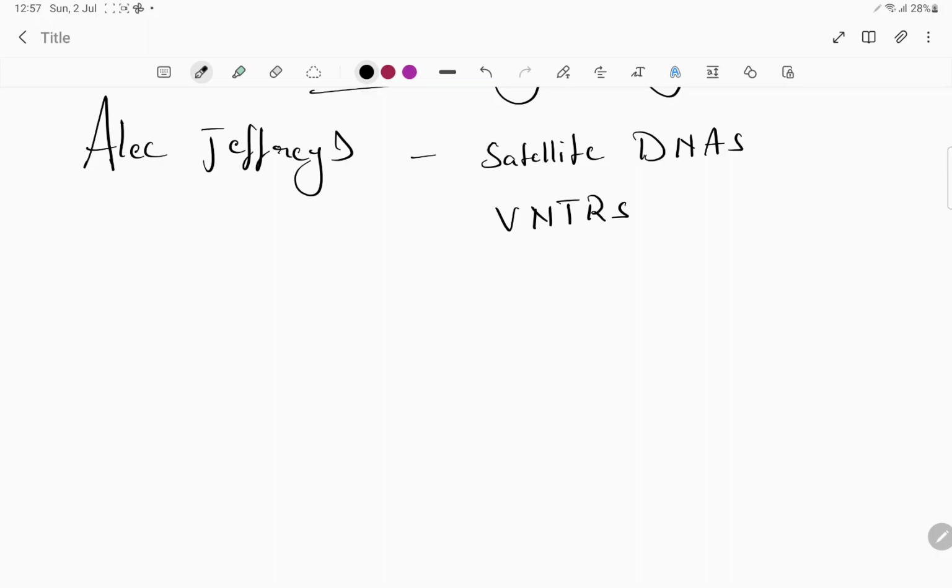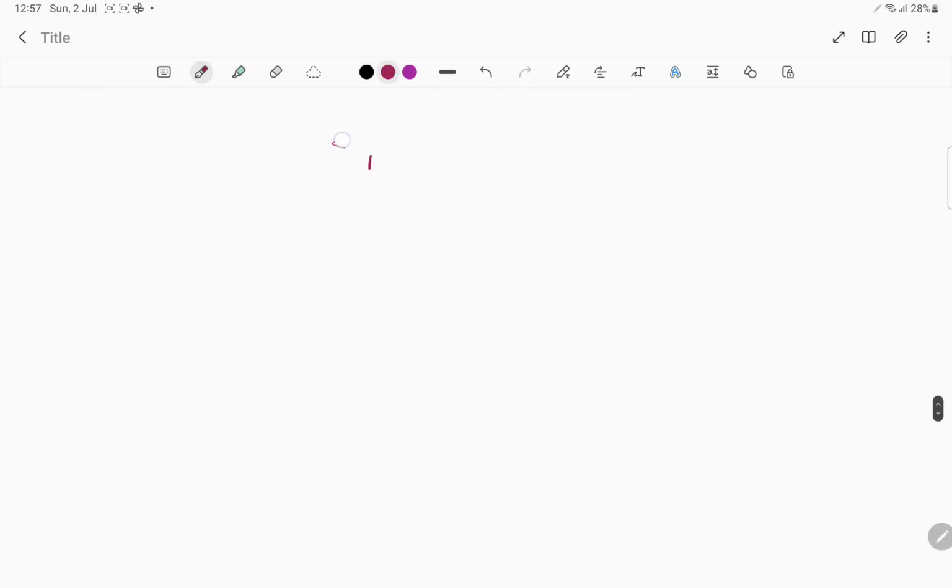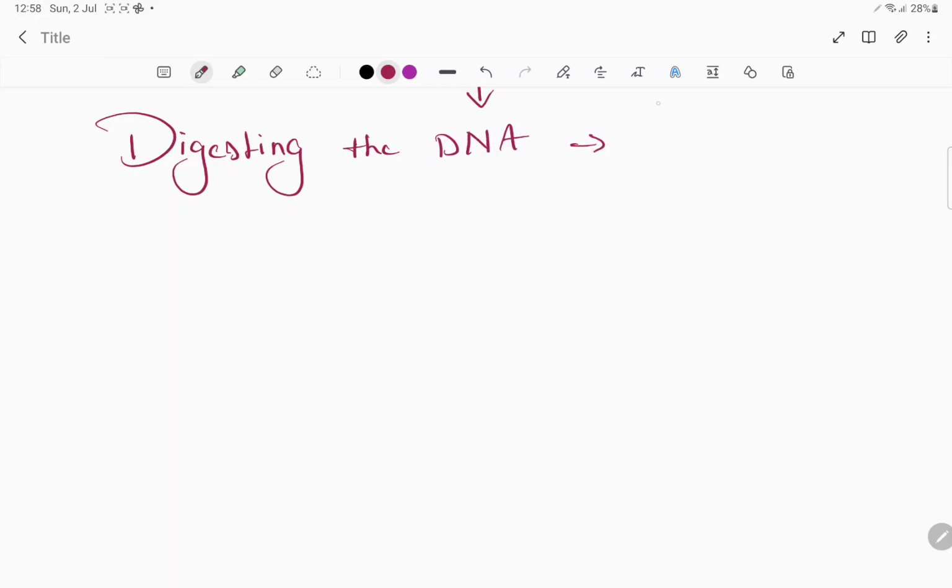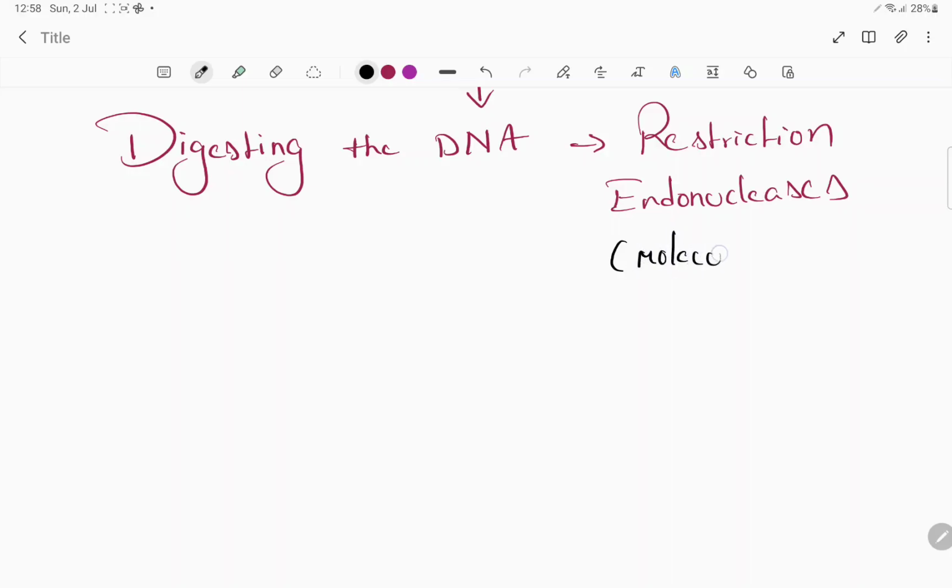What are the steps involved? Very first thing, we have to isolate the DNA. After isolating the DNA, we digest the DNA with restriction endonucleases. Restriction endonucleases you can otherwise call molecular scissors.